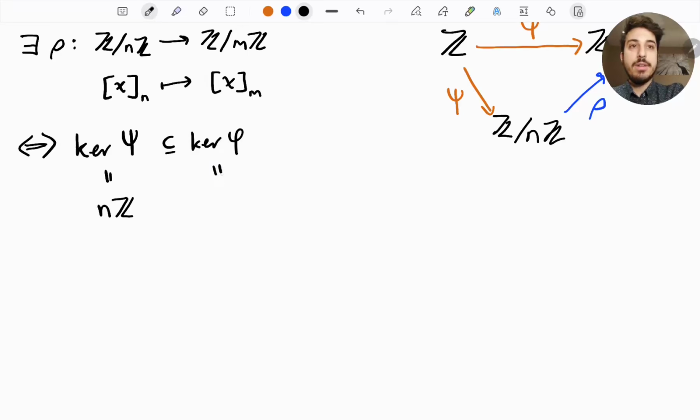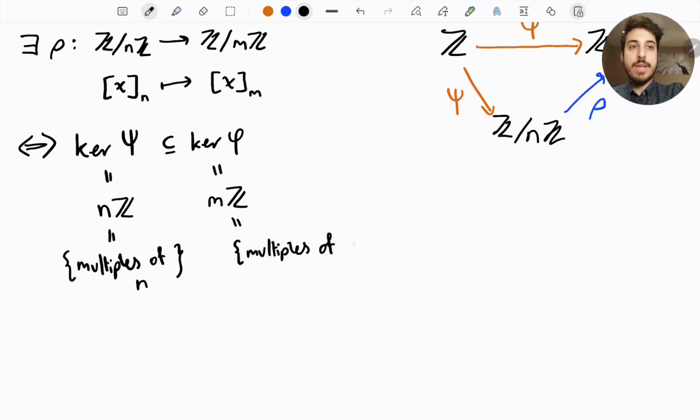And the same here. What are the integers that when you divide by m, you get 0 as a remainder? Those are the multiples of m. So this is multiples of n, and this is multiples of m.